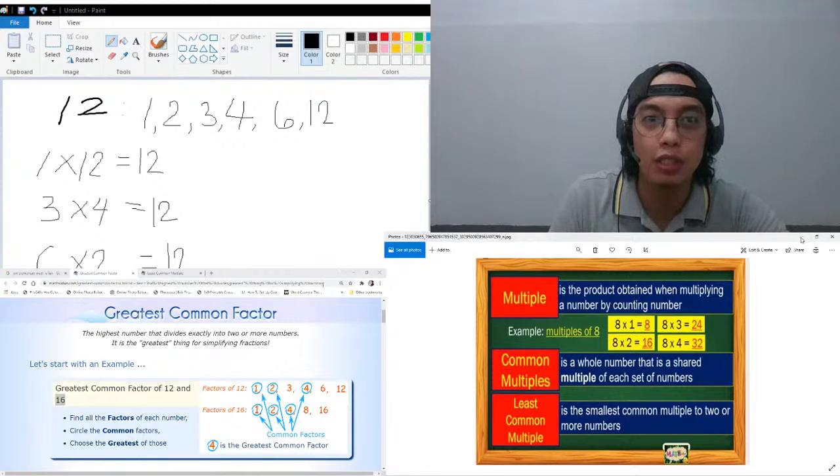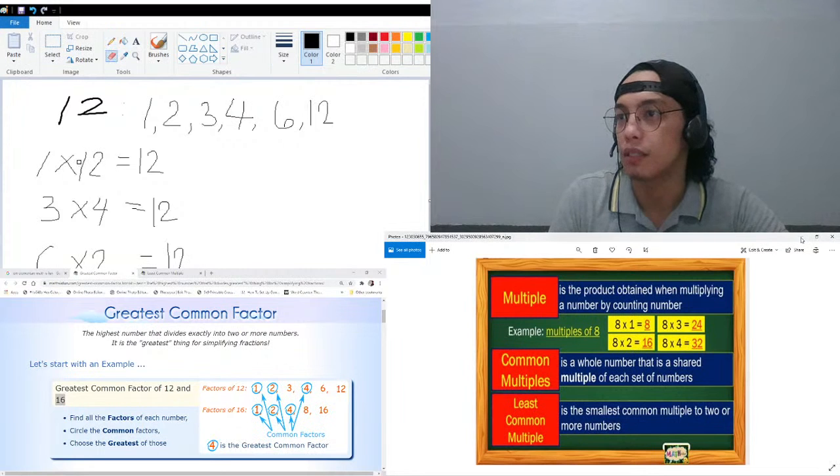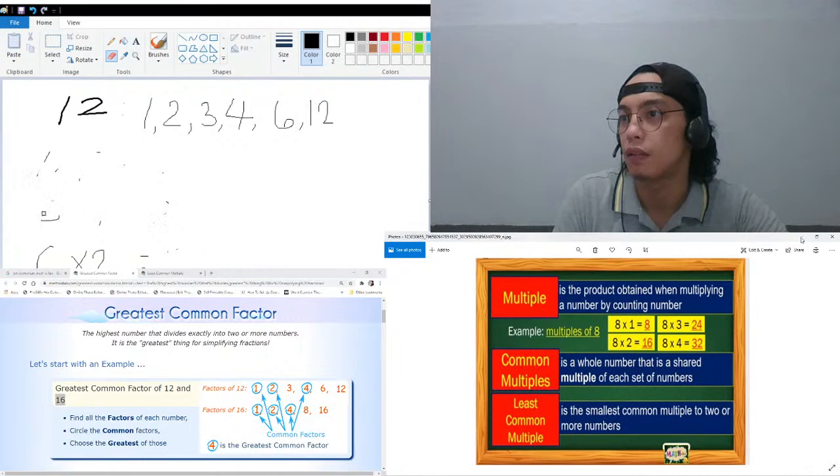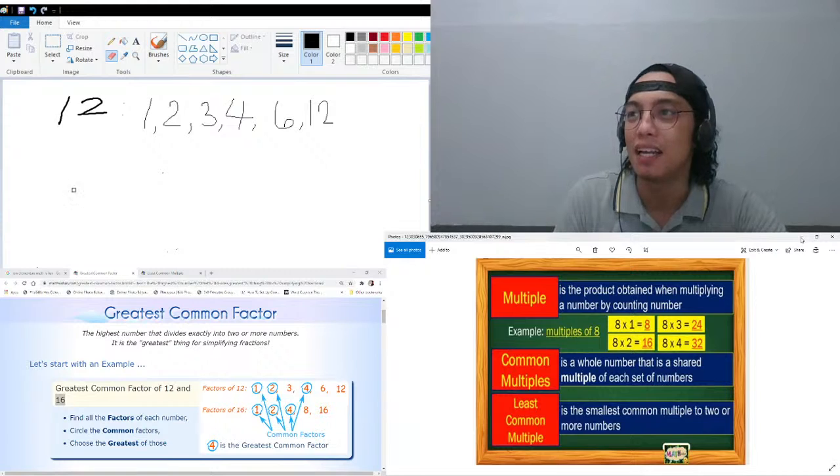Okay. Now, unsa na pud ang mga factors sa 16? Ito sa 16. Let's erase this first. Blackboard, whiteboard. So 16 na sa dam.